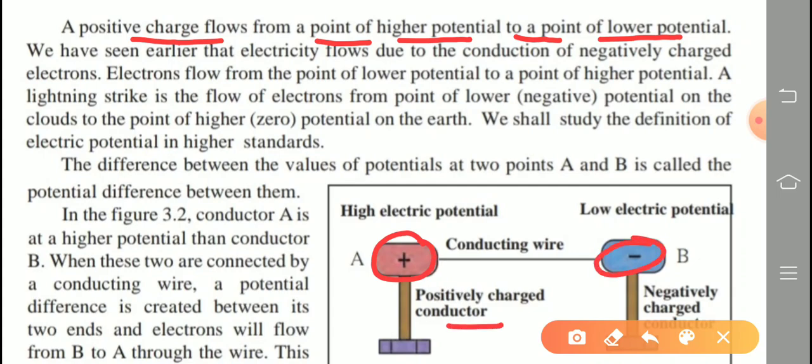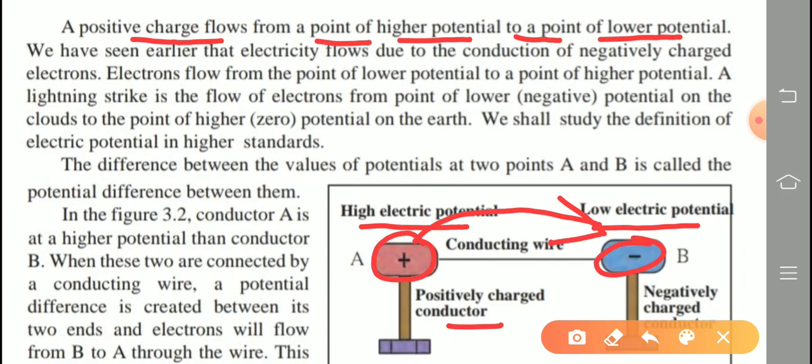There are two levels: the positive terminal is considered as high electric potential. The negative terminal means low electric potential. So electric charge, that is positive charge, flows from a point of higher potential to a point of lower potential, that is from positive to negative.